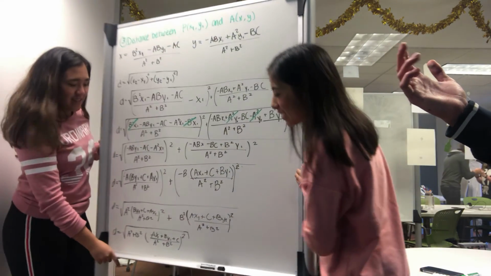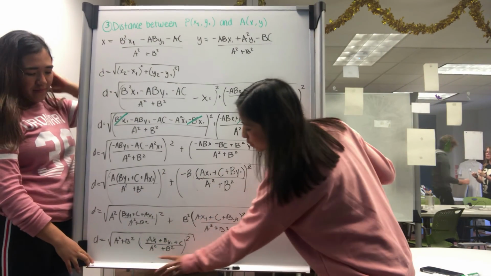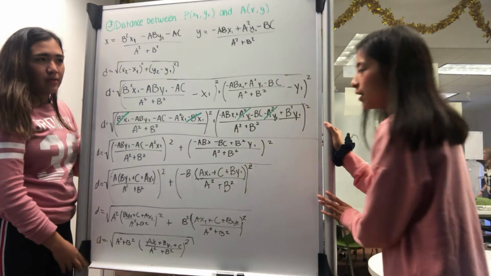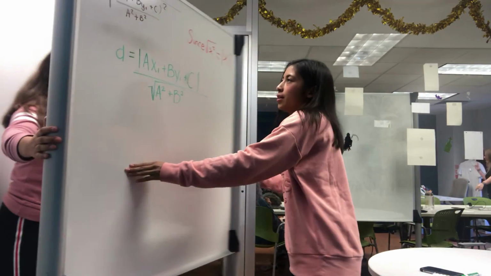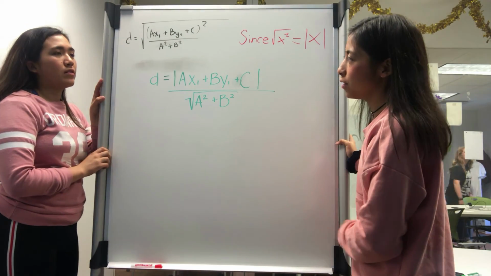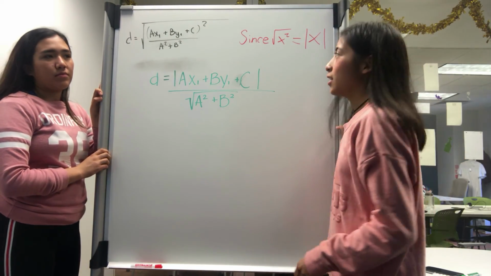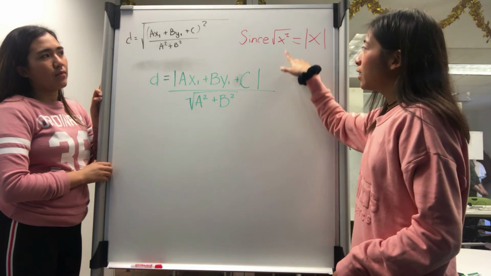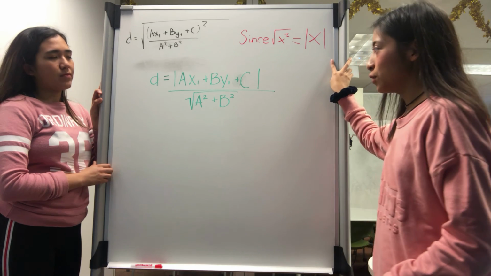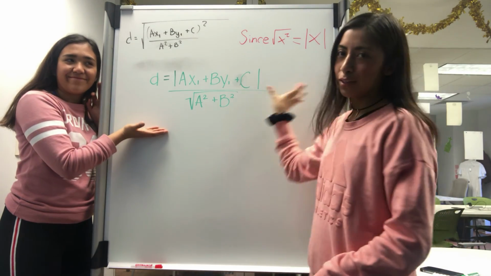We can cancel the a squared plus b squared over the a squared plus b squared, and we are left with (ax1 plus by1 plus c) squared over a squared plus b squared. And since we know that the square root of x squared equals the absolute value of x, we can now get the final formula.